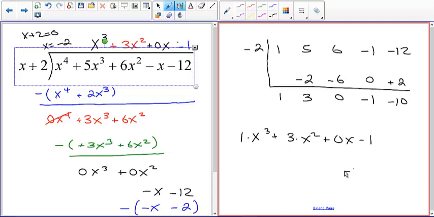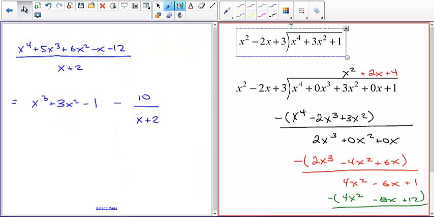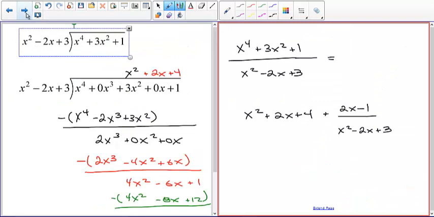And then the remainder is this last number, negative 10 divided by x plus 2, the original factor here. And you can see that's what we had: x cubed plus 3x squared plus 0x minus 1, and then as a remainder negative 10 divided by that. So that's how that works. Can't use synthetic division here.